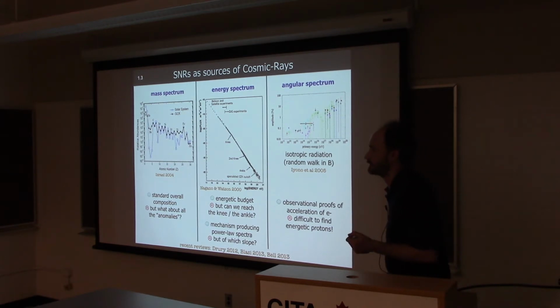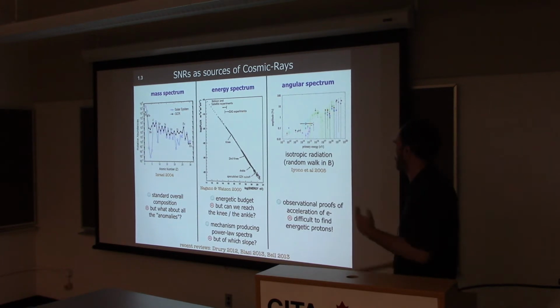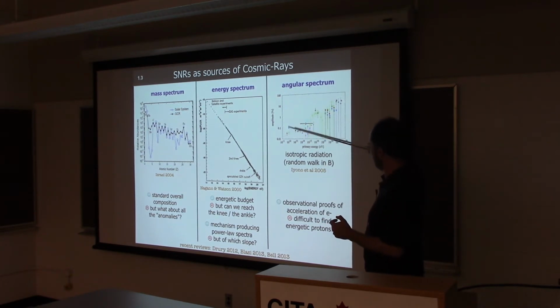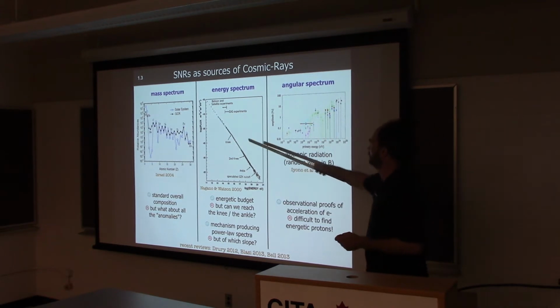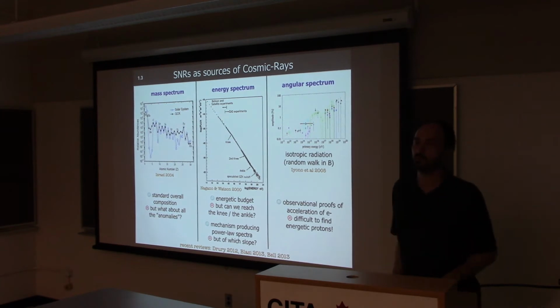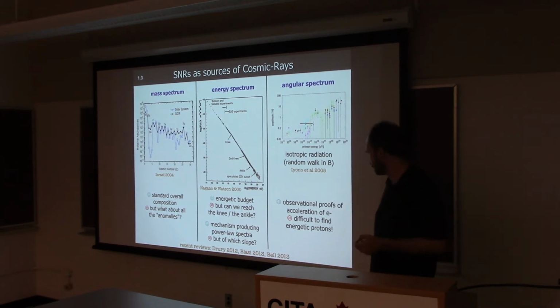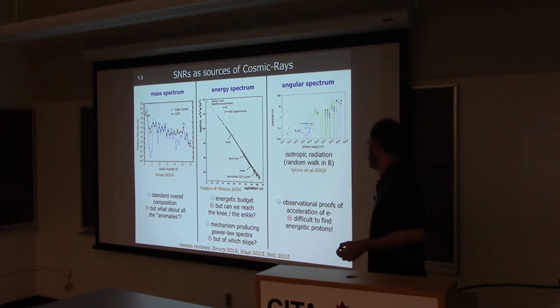They're coming from everywhere. This is just a measurement of the anisotropy, and it means basically that it's isotropic up to at least this region. Before I had a plot showing Auger results suggesting that there was maybe a source at the very highest energies, but even that fell down.